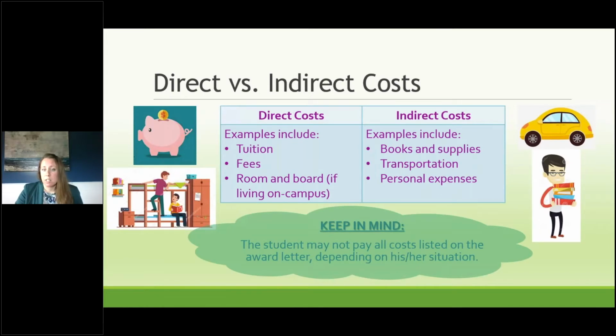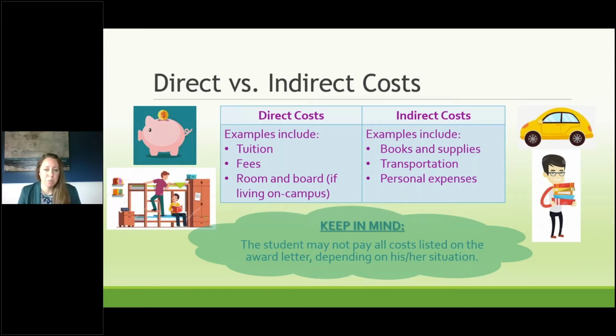Within cost of attendance are direct costs and indirect costs, and we're going to use these quite a bit today. Direct costs are types of fees or costs that every student is going to incur. So tuition and fees are the two for sure, and then room and board if the student is going to live on campus. So we know those direct costs are there for the student. The indirect costs are costs that may vary per student.